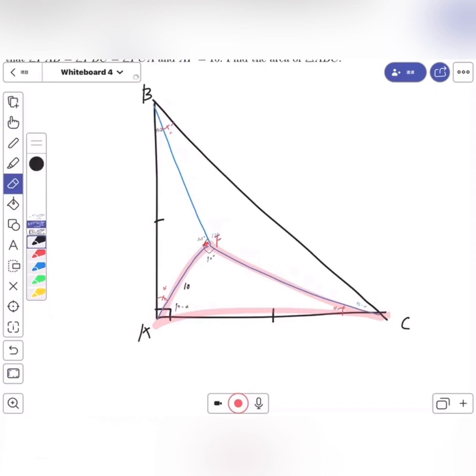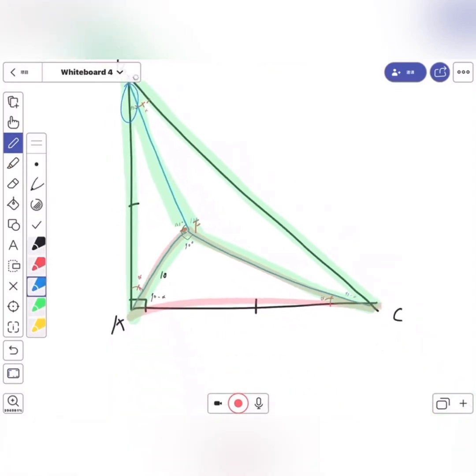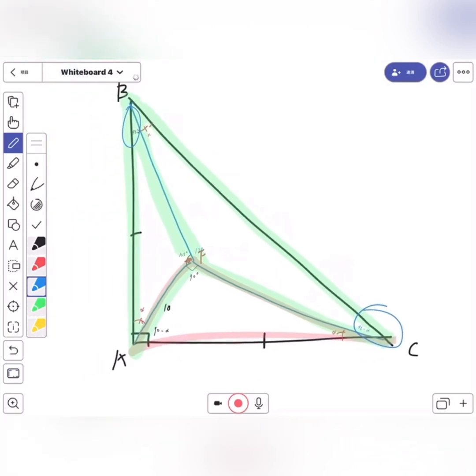Now if we just look at this triangle and this triangle, do you see any similarities? Well, definitely, right? This angle marked here, marked blue, is actually the same as this angle, which more precisely, the angle PBA is equal to the angle PCB, and the angle PBC is congruent to the angle BAP.